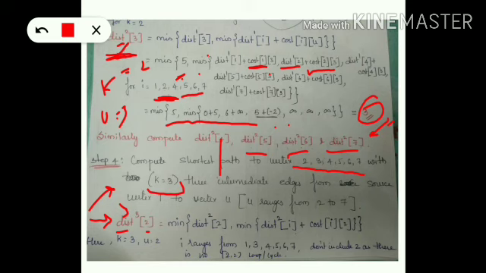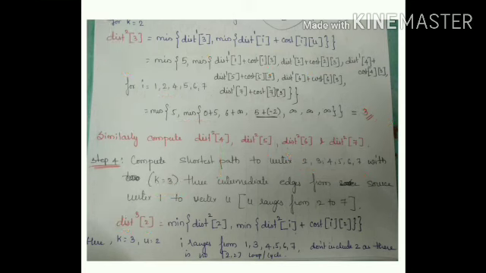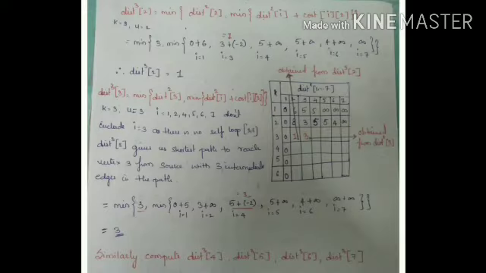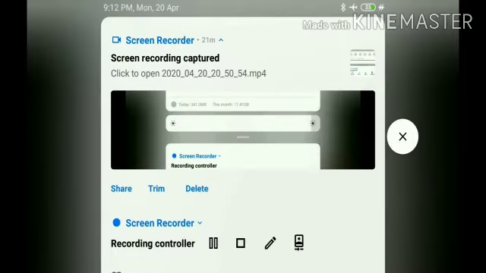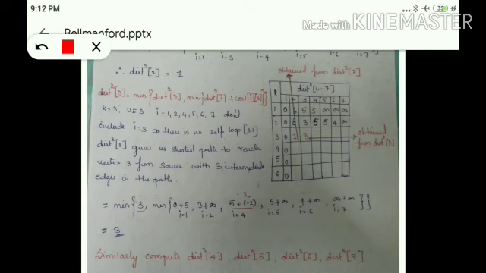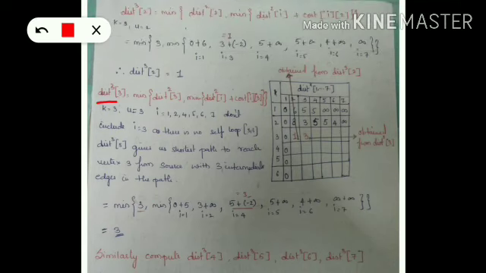Next we calculate dist of 3 raised to 3. Next we calculate dist of 4 raised to 3. Similarly we do it for vertex 5, 6 and 7. So I have calculated dist of 3 raised to 3.